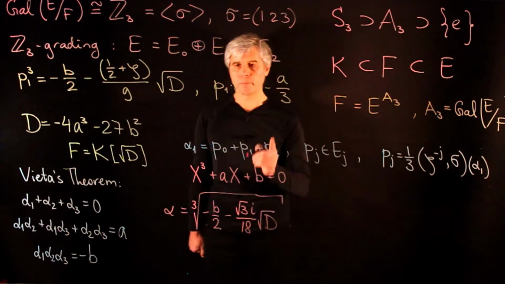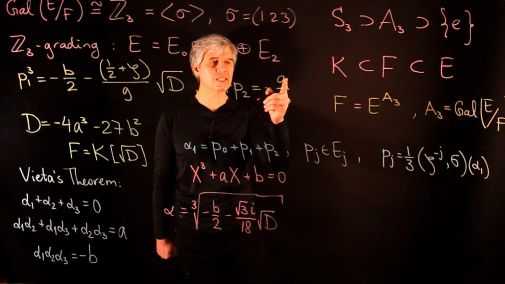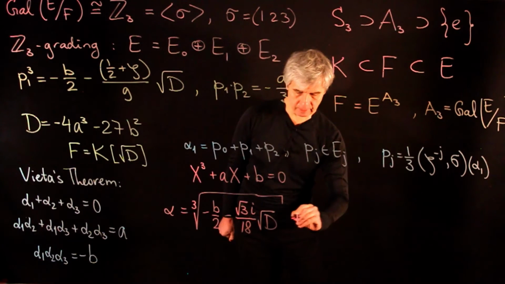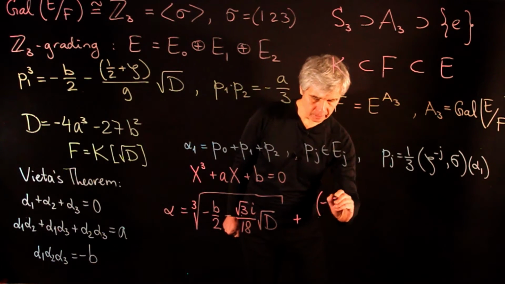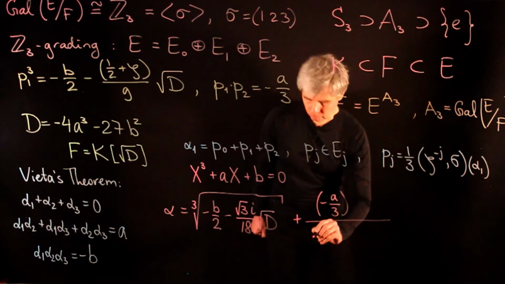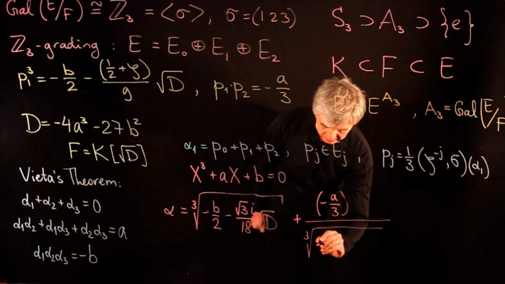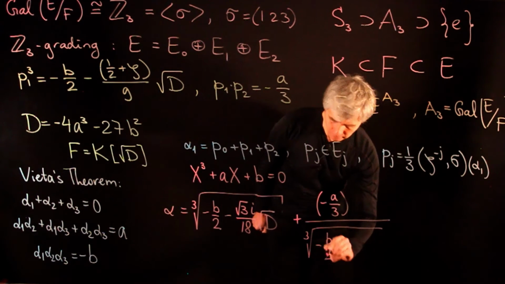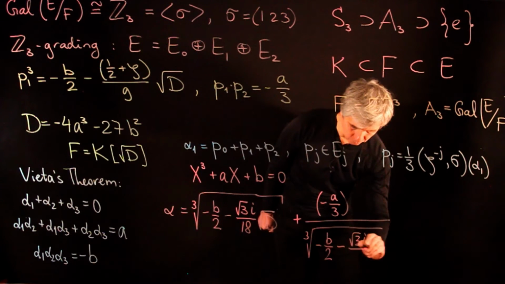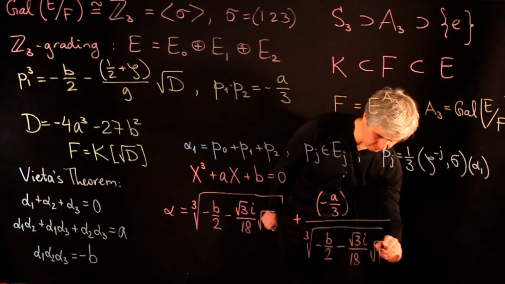Then P2 may be obtained from this product, so it's minus A over 3 divided by P1. So we get plus negative A over 3 divided by P1, which is the same cube root of minus B over 2 minus root of 3 I over 18 times the square root of D.